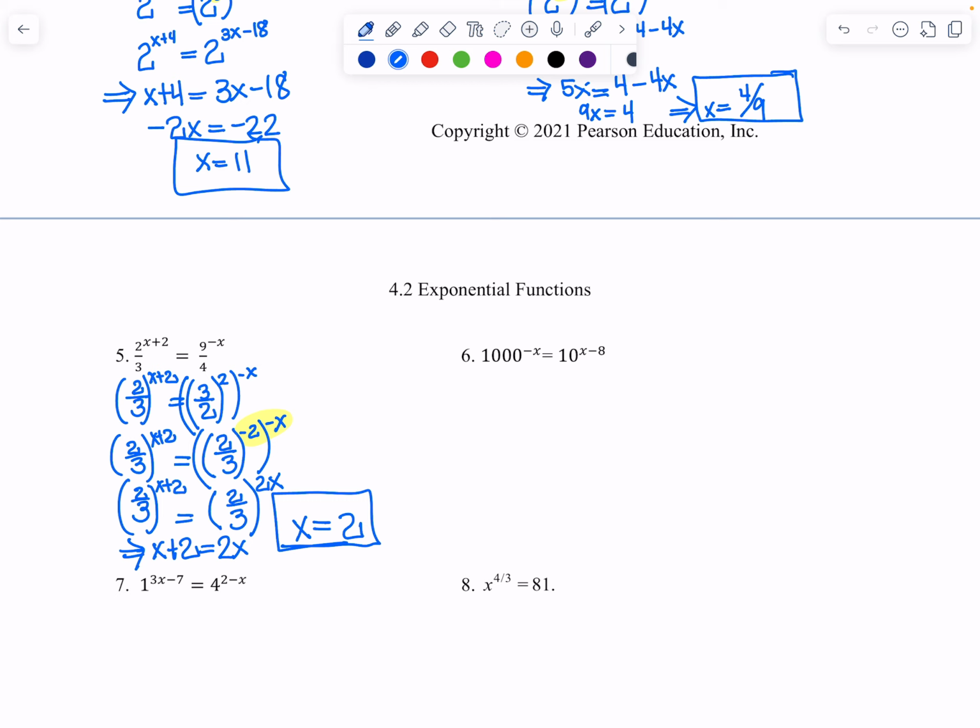Now, can we get a base that they have something in common? If you look at 10, 10 is the lowest one. Does 10 have something in common with 1,000? Can I take 10 and raise it to a certain power to get 1,000? That's what you're asking yourself. Okay. Now, we can. I can take 10, raise it to the third power, and get 1,000.